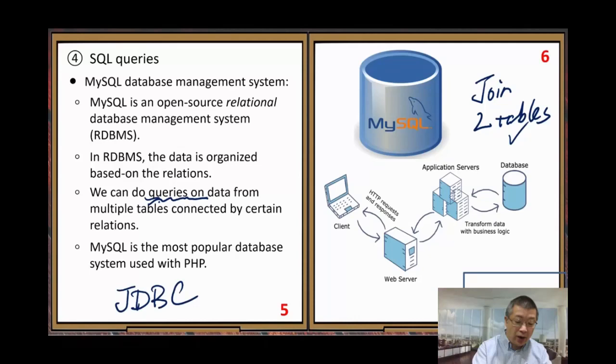When we use JDBC in this class, I will compare it with the way it is used in PHP. They're different. Two different mechanisms, two different implementation ideas. So I need to do a comparison with the PHP way. All right.